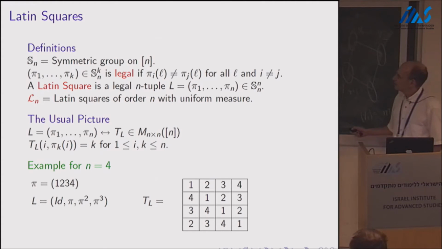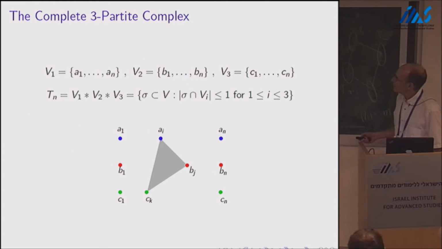There is a definition here, but of course a Latin square is just an n by n square with 1 to n in each row and column. Okay, this is a Latin square. But it may be more suitable to think of a Latin square as follows. Let's look at this complete three-partite complex.